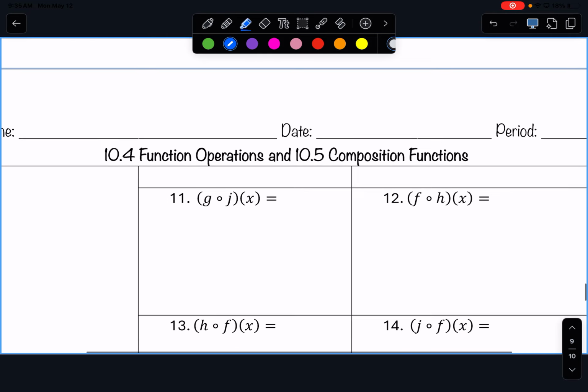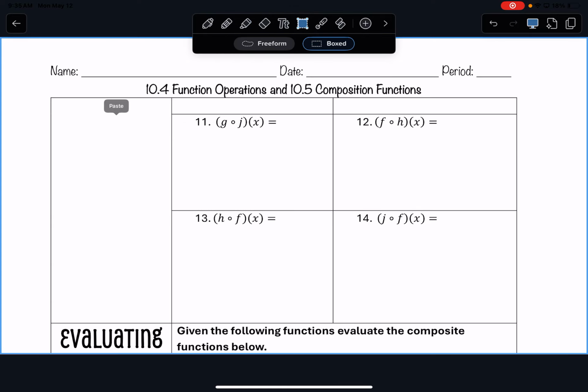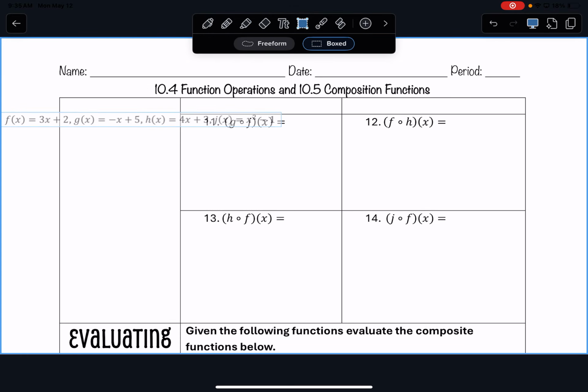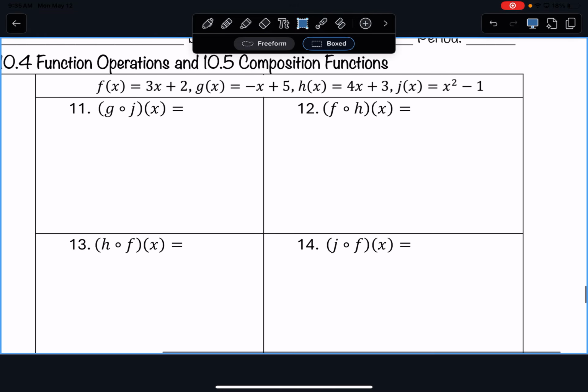So on the back, I forgot to include the equations on this section. So what I want y'all to do is take a second and copy the equations from the front to here. I will add them in at the top. But take a second and copy those equations over.